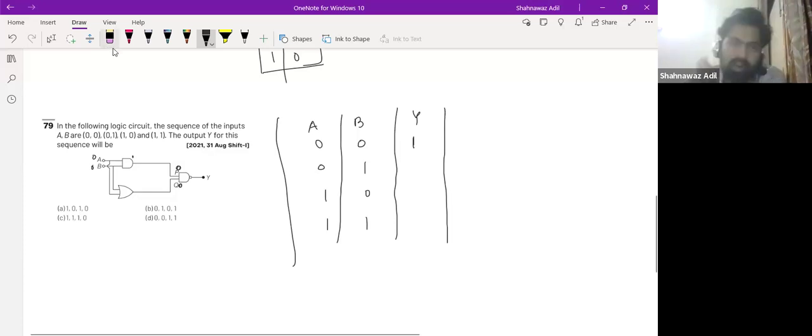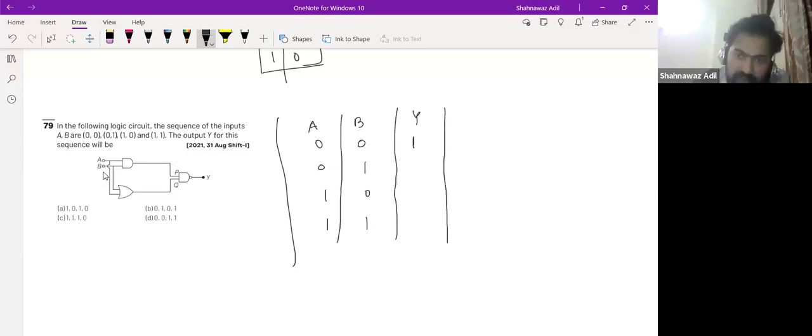Okay, now you guys tell me what would be the second output. A is 0, B is 1. For this one, what would be the output? Tell me. Yeah, tell me what would be the output. A is 0, B is 1.